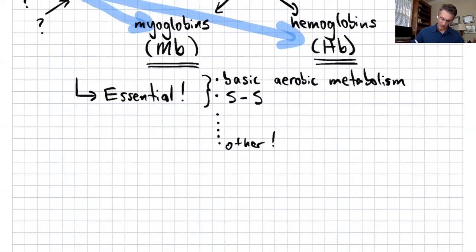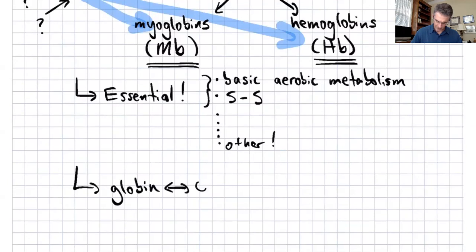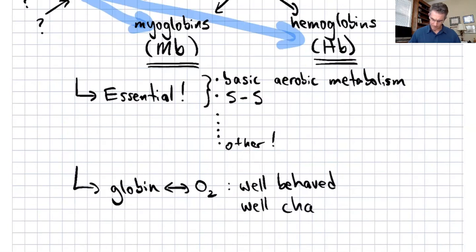There's another reason we're going to start and use this as an example, because the globin oxygen binding system is so well behaved, right? And so it's been so well characterized because it's so well behaved.